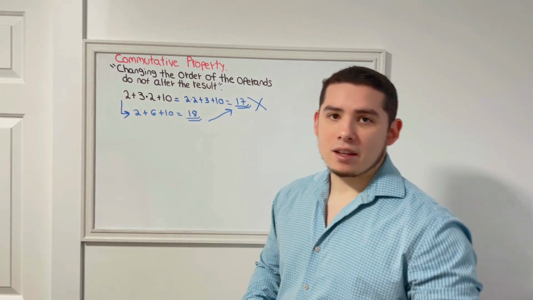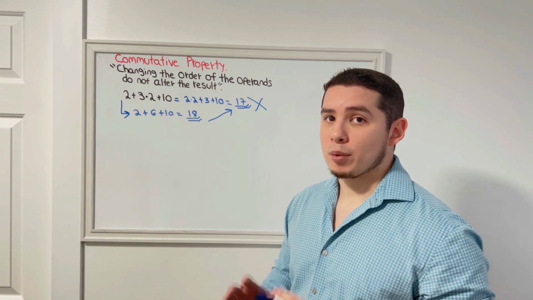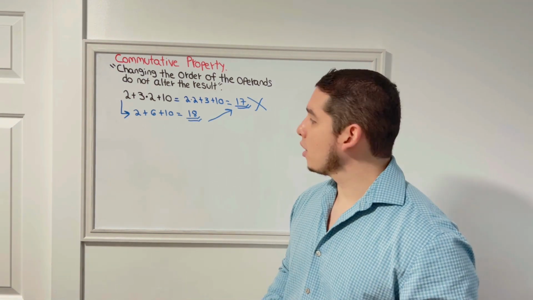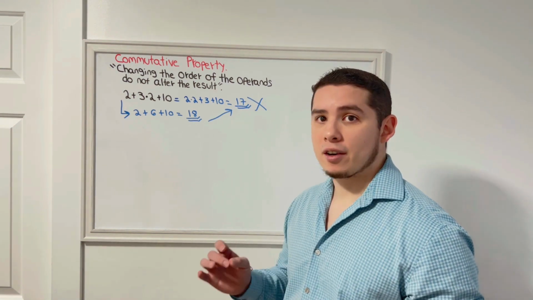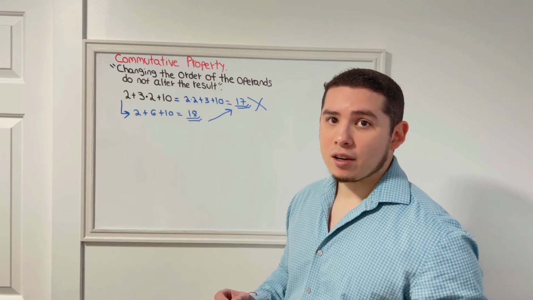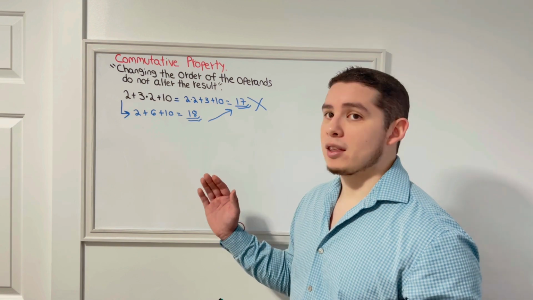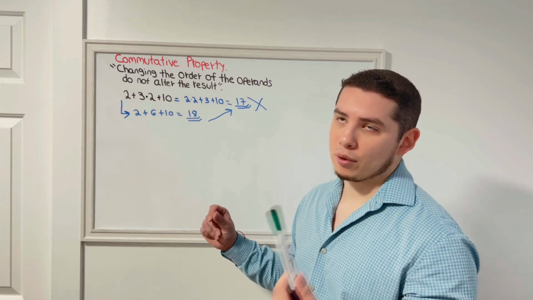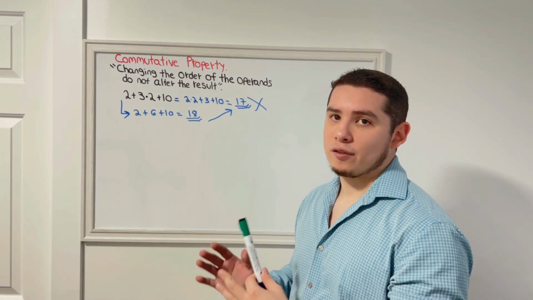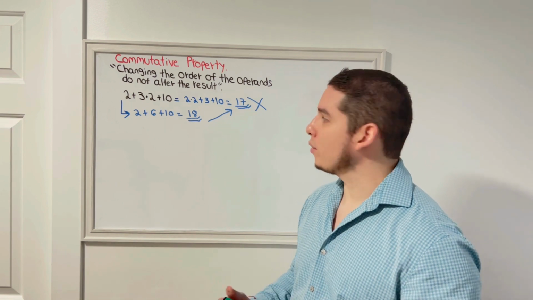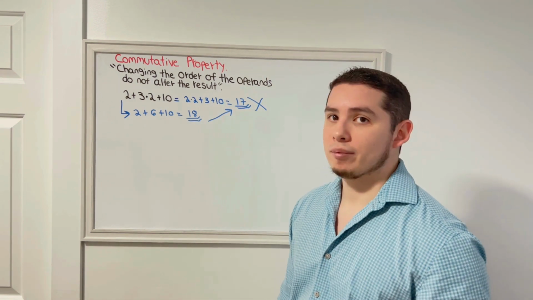It doesn't mean that the property is not correct. The property is correct, but as I mentioned before, some people do not respect the hierarchy of operations. When the hierarchy of operations is respected and you apply the commutative property, then it is fine. Otherwise, the answer will be wrong, like in this example.